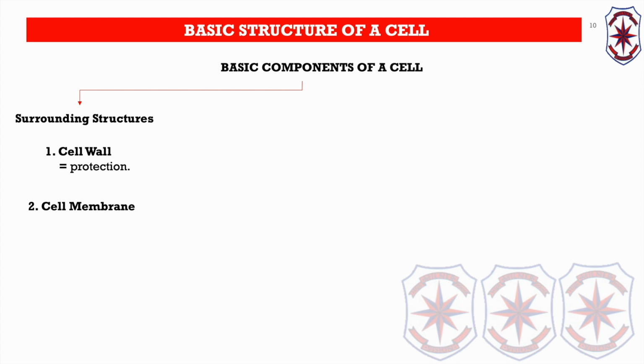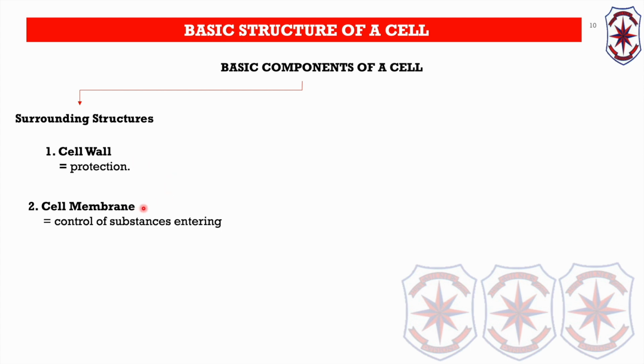All cells, including plant and animal cells, are made up of cell membranes. Okay? Animal cells only have the cell membrane surrounding it, but plant cells have the first layer, which is the outside layer, the cell wall, and further inside it would have a cell membrane.